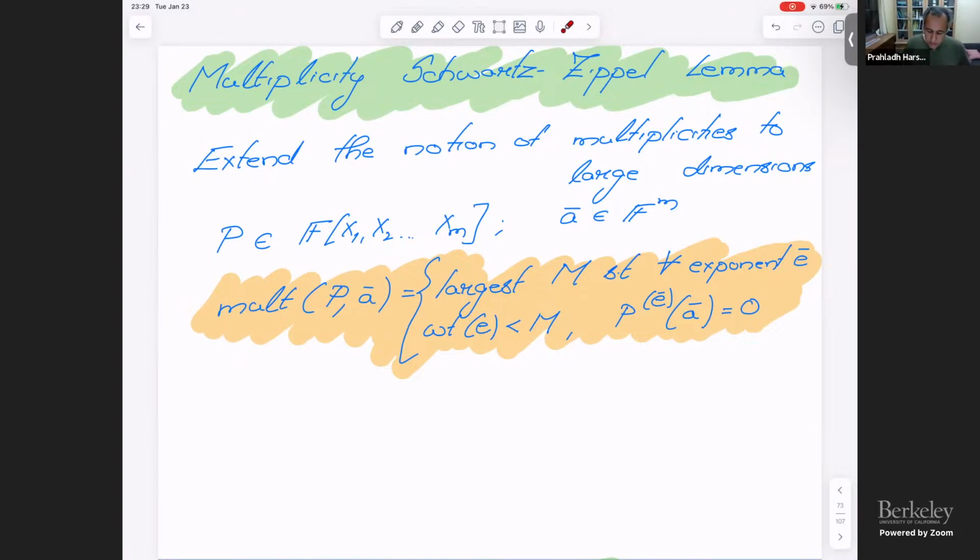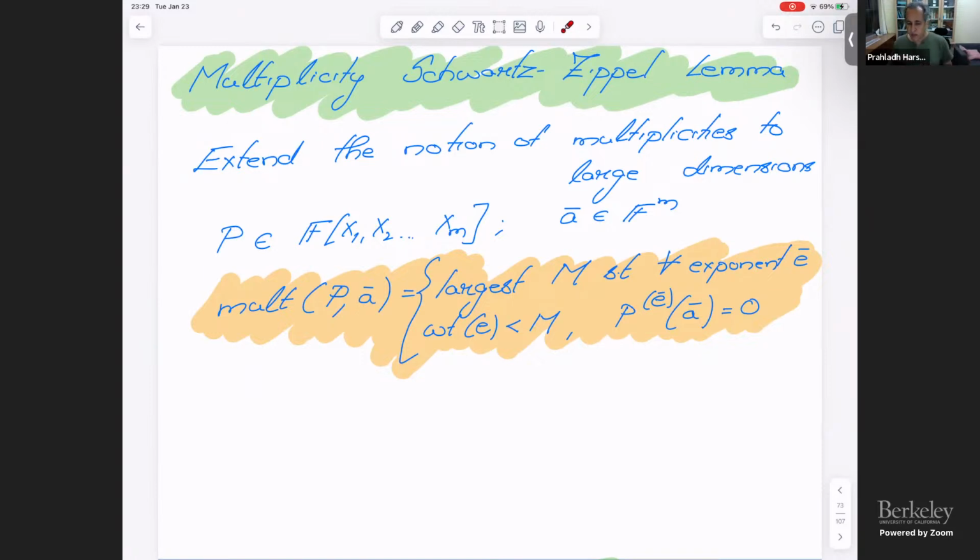So let P be some polynomial and A be some point in the space. And I want to define what is the multiplicity of the polynomial P at the point A. So you're going to look at all the derivatives of it, all the Hasse derivatives of this polynomial. The Hasse derivatives of order 0, which is the evaluation, the first order Hasse derivatives, the second order Hasse derivatives, and so on.